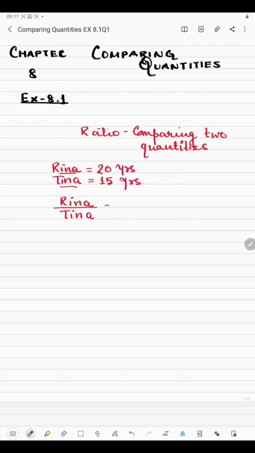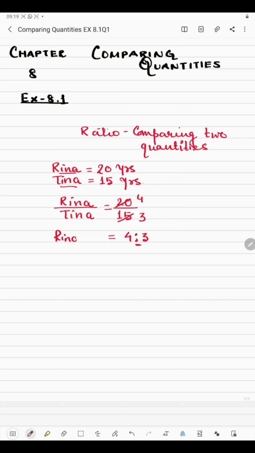Now Reena's age is given, which is 20 years, and Tina's age is given, which is 15 years. Since this is not in simplest form, we will have to cancel and convert it into simplest form. So 5 4s are 20, 5 3s are 15. So the ratio of Reena's age to Tina's age is 4:3.